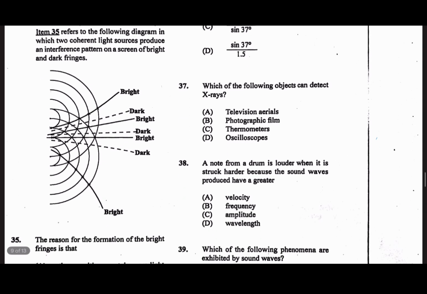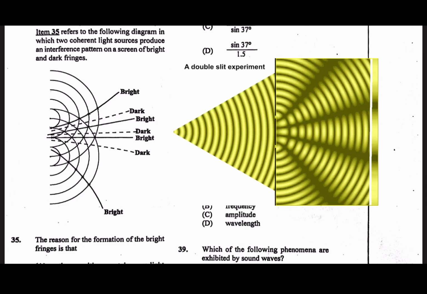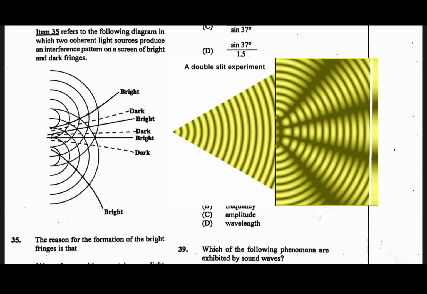35 refers to the following diagram in which two coherent light sources produce an interference pattern on a screen of bright and dark fringes. So bright fringes would happen when the waveforms are in phase, right? That's called constructive interference. And where there are dark fringes, the waveforms are out of phase, and so they would result in destructive interference.